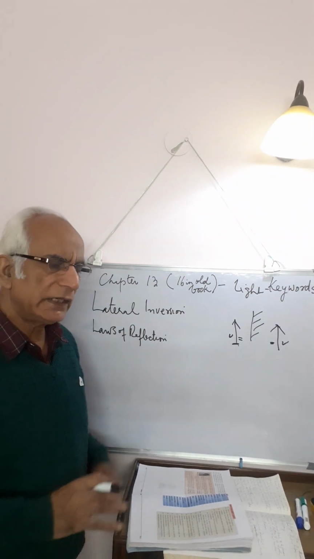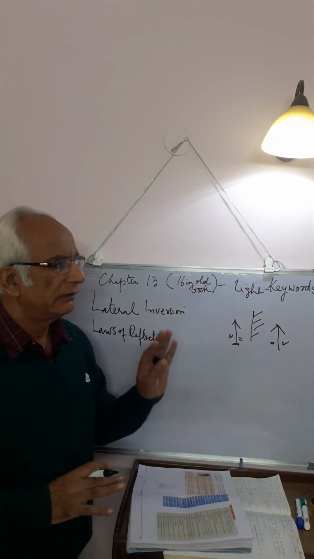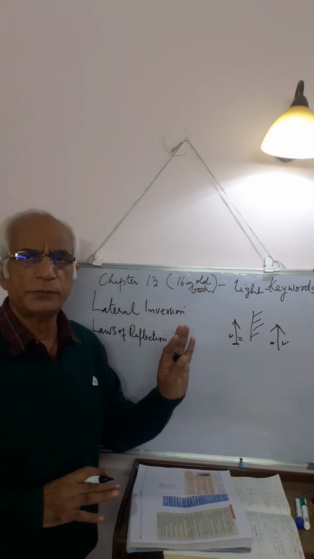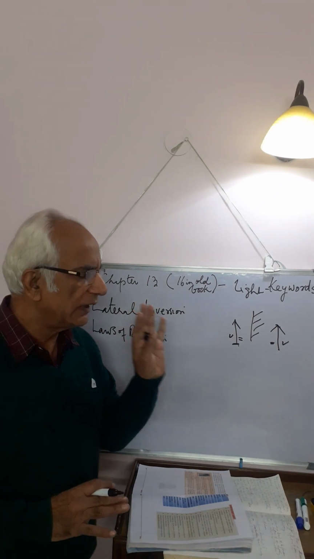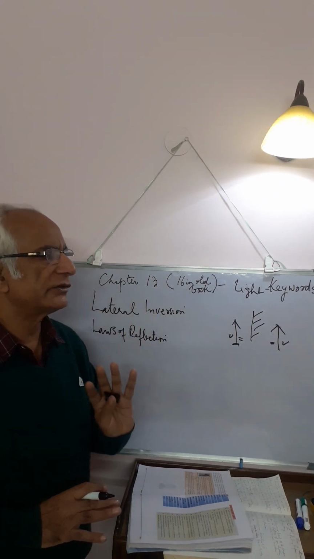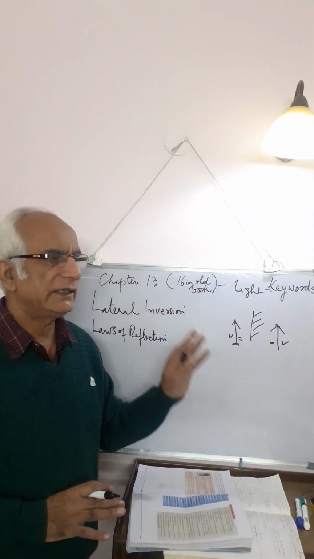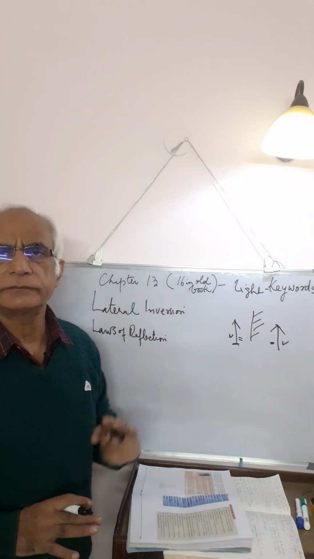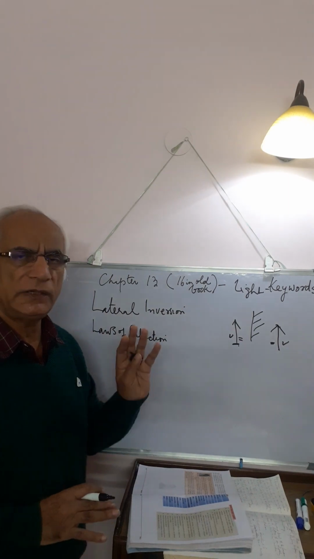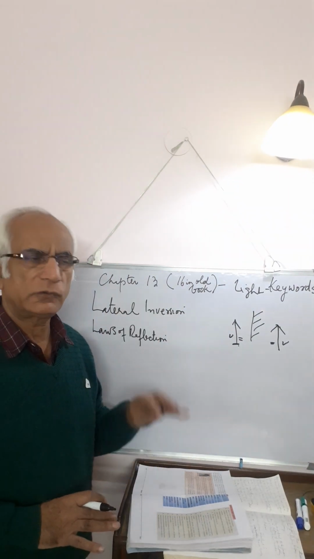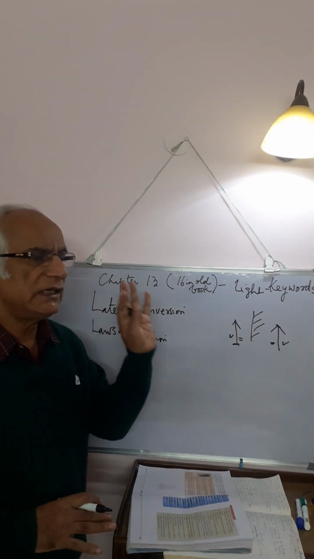Okay? So lateral inversion means that when you see an image of an object in a plane mirror, you feel that the right side is on the left side and the left side is on the right side. Whatever is on the left side will appear on the right side and whatever is on the right side will appear on the left side.